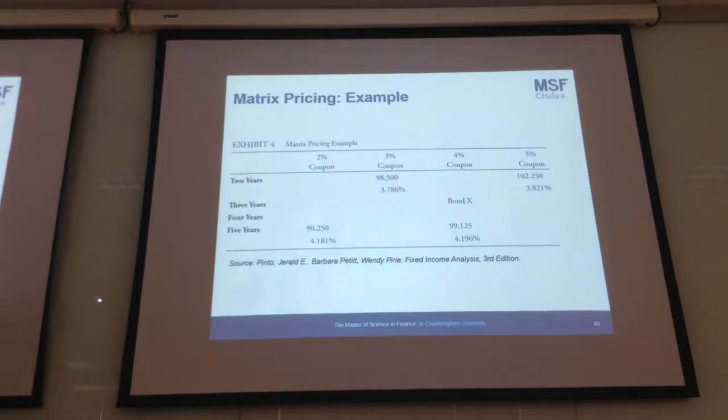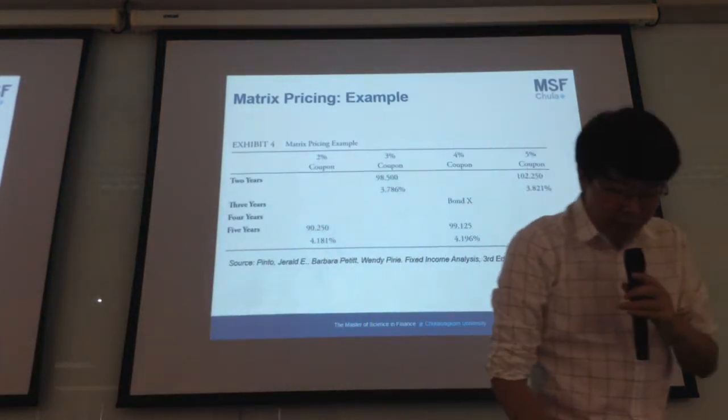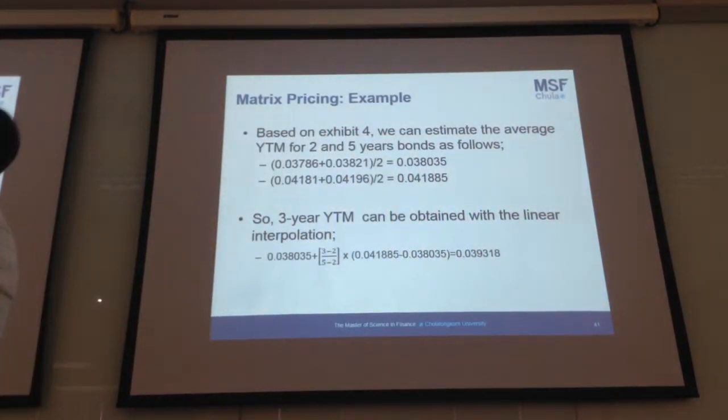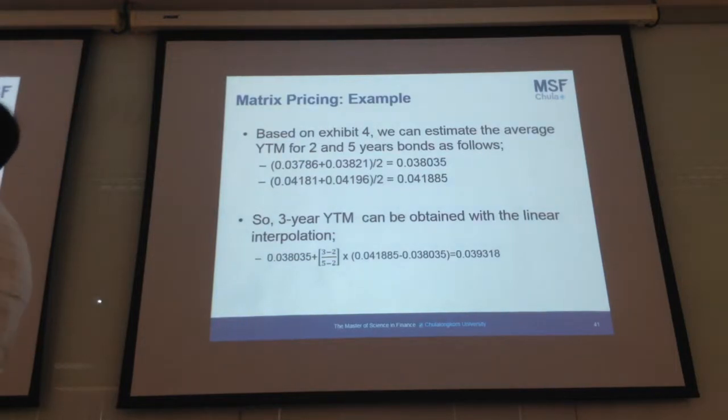Given that you know the 2-year bonds with different coupon rates and the 5-year bonds with different coupon rates, how can you come up with the indicative yield or indicative price of this bond? Very simple. You just take the average. First, we take the average of the 2-year bonds that have different coupon rates.